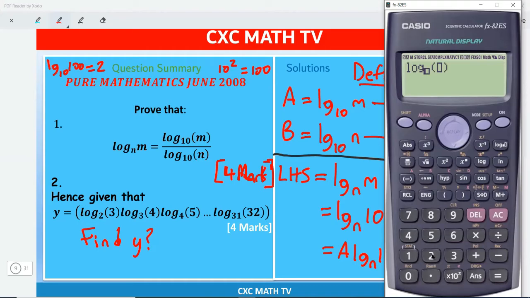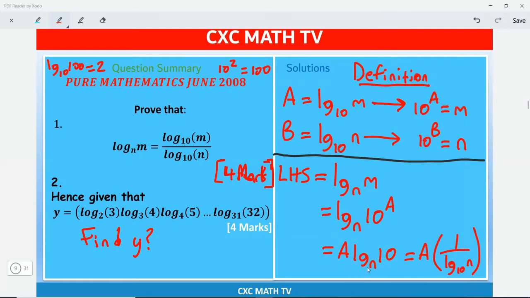Let's say you were asked to evaluate log base 5 of 25, my apologies. That's going to give you 2. Now, this would be the same as if you were to evaluate the fraction 1 over log base 25 of 5. This is also going to be 2. So you must remember that law right there. So we can rewrite log base n of 10 as 1 over log base 10 of n.